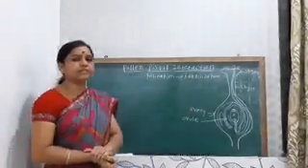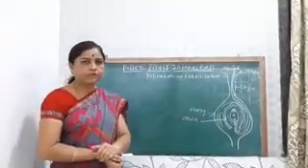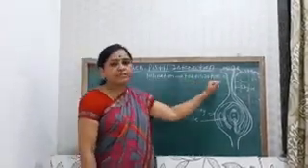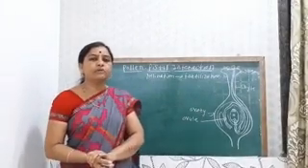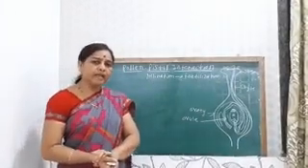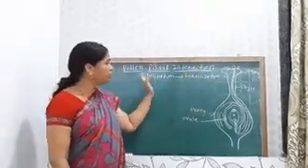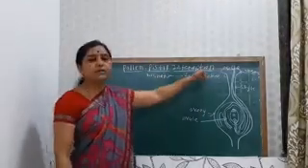Transfer of the pollen grain from the anther to the stigma of the flower is known as pollination. And what is meant by fertilization? Fertilization means fusion of the male and the female gamete. So the pollen-pistil interaction is complete after fertilization.